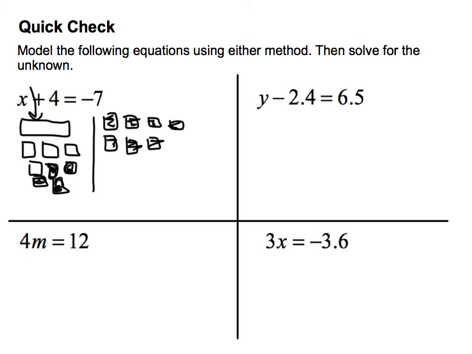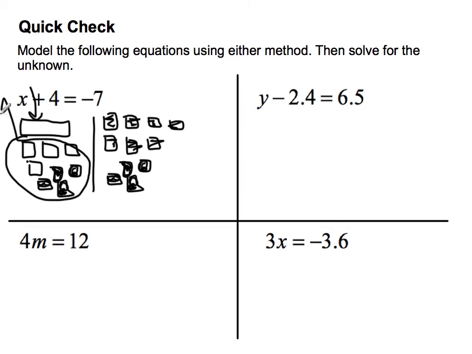Whatever I do to one side, I have to do to the other. So I have to add my 4 in there. These zero out to leave me with x, and I have negative 11 on the other side. Nothing zeroes out, I just count out my black ones.